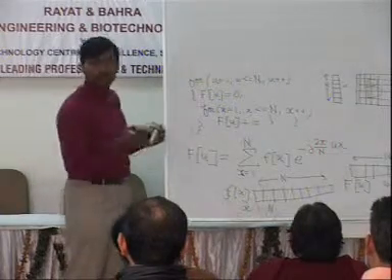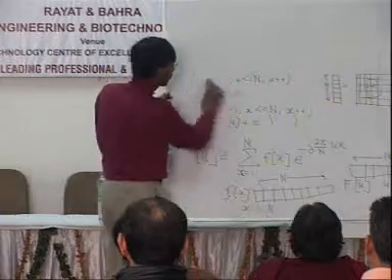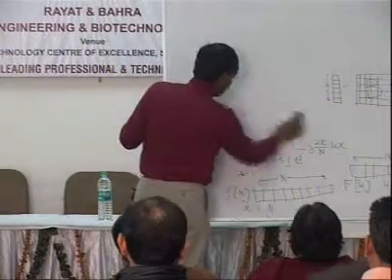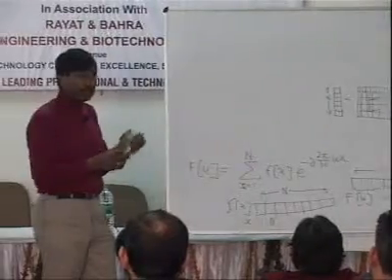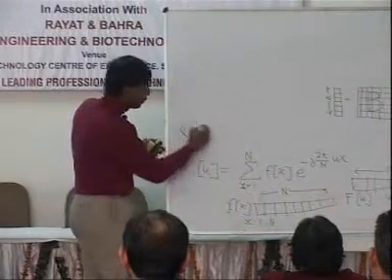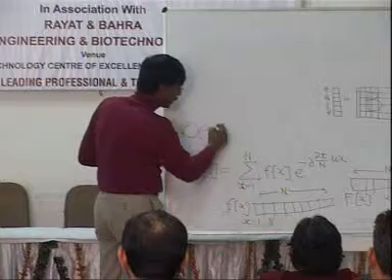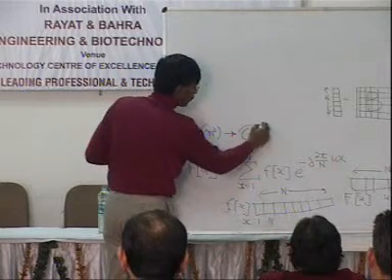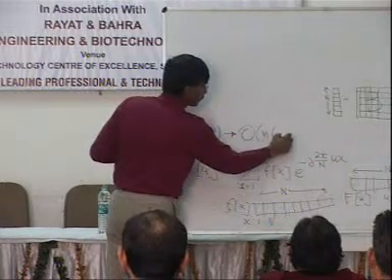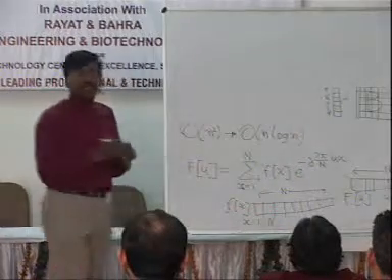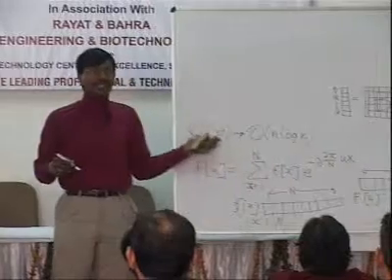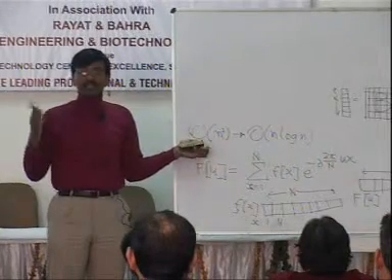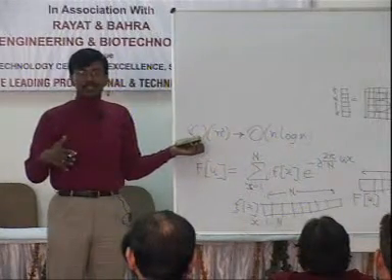Now these two people, Cooley and Tukey, came up with a very interesting algorithm which would reduce the time complexity of computations from order n squared to order n log n. Now n log n is obviously going to increase, but the rate of increase is smaller than n squared, because log is a sublinear function.